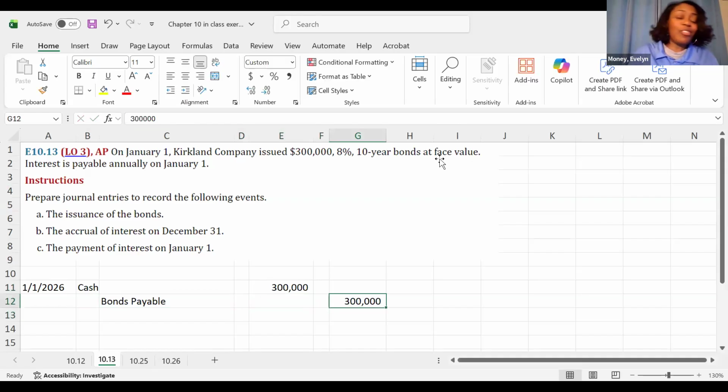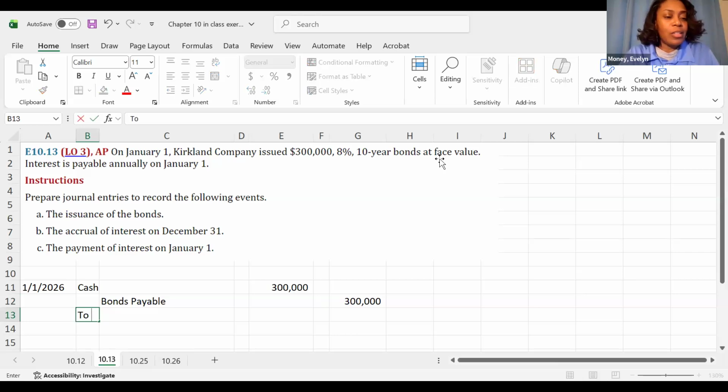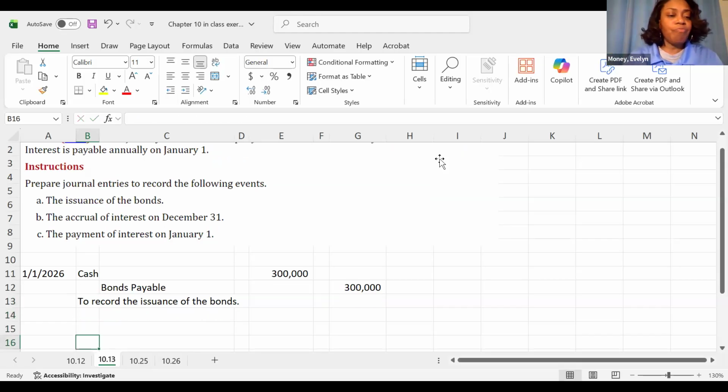And that should be right because there's nothing else in my entry. If I debit one thing, I have to credit something else for that same amount. The issuance of the bonds. Notice we don't do anything with the interest rate or the 10 years. We just need the face value to help us find our cash proceeds.